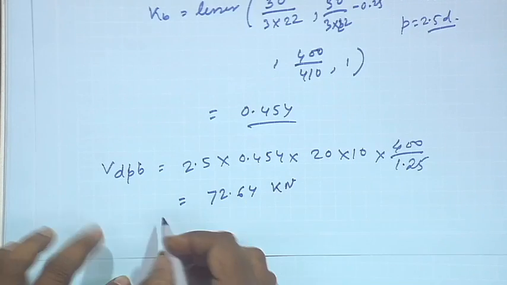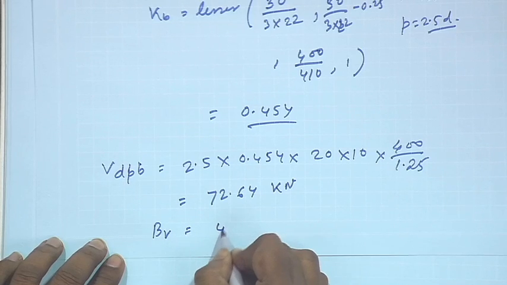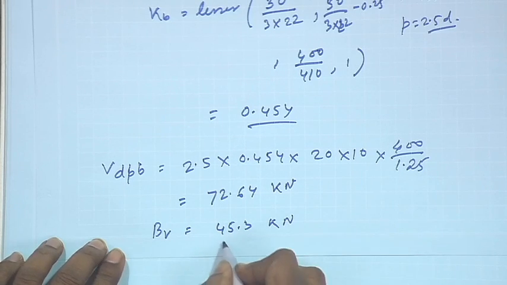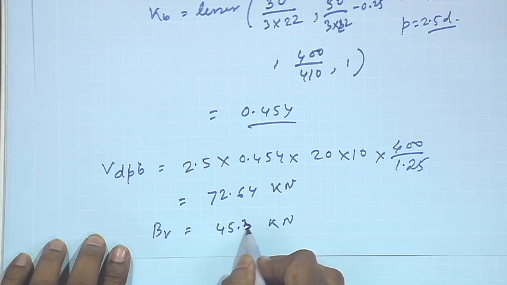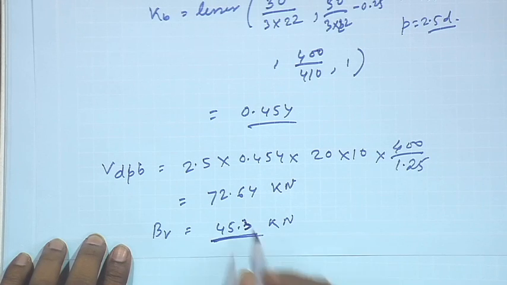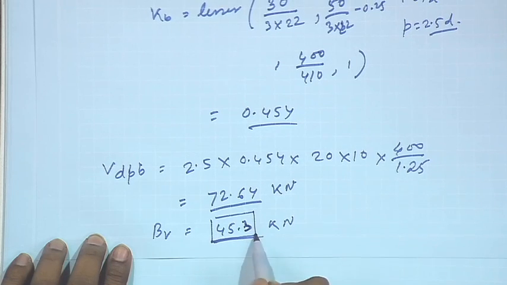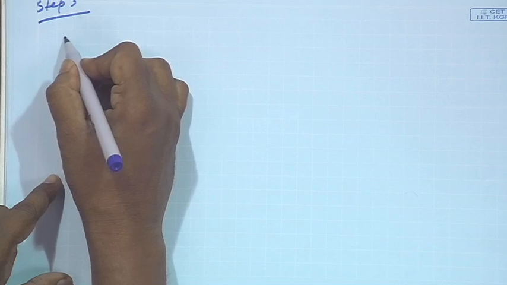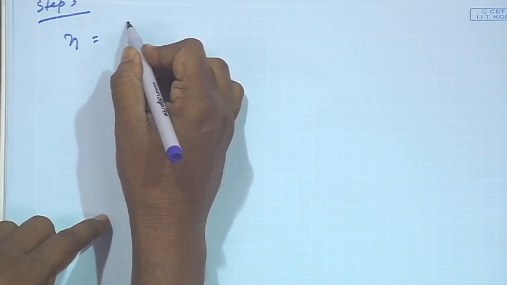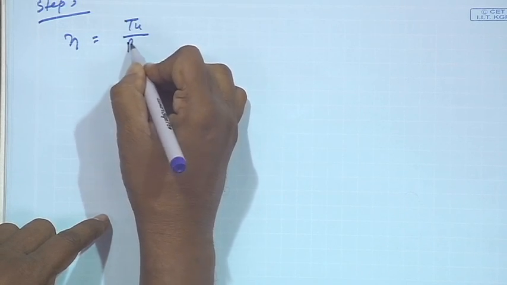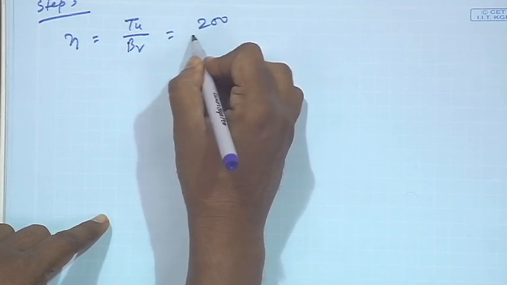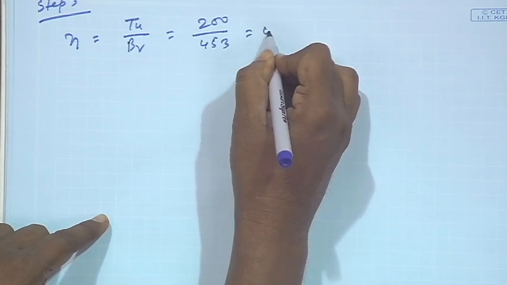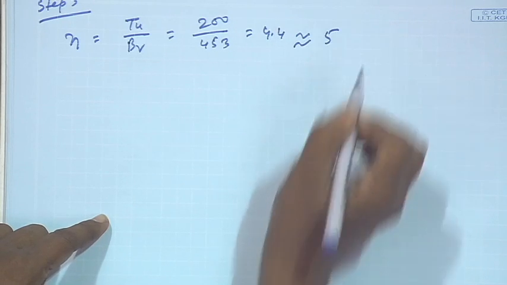So, bolt value I can write bolt value BV as 45.3 kilonewton, because it is lesser of the shearing and bearing, like shearing value was coming 45.3 and bearing was coming 72.64. So, bolt value we can find out as 45.3. So, from this I can find out, if we go to step 3, that number of bolt N will be TU by bolt value, that is 200 by 45.3, 4.4, that means 5 number of bolts.